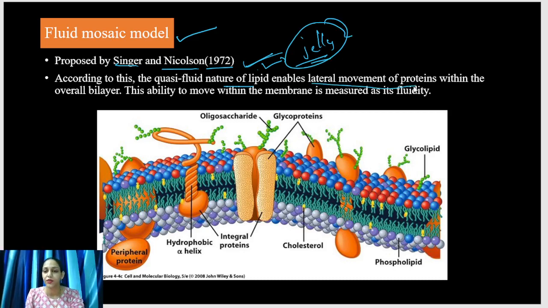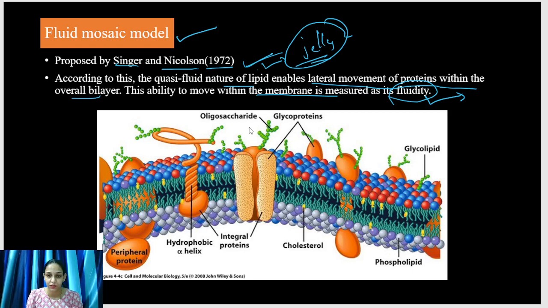Enables lateral movement of the proteins within the overall bilayer. This ability to move within the membrane is measured as its fluidity. This fluid nature gives several advantages to the cell membrane.